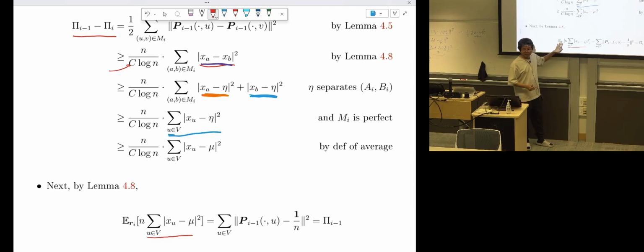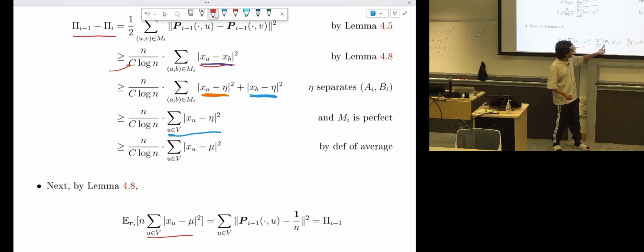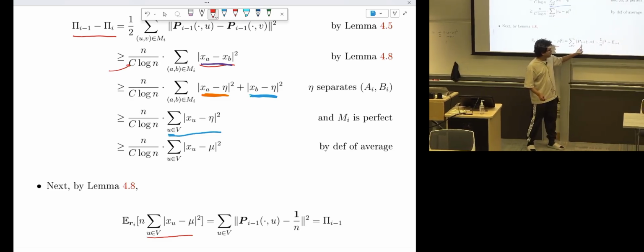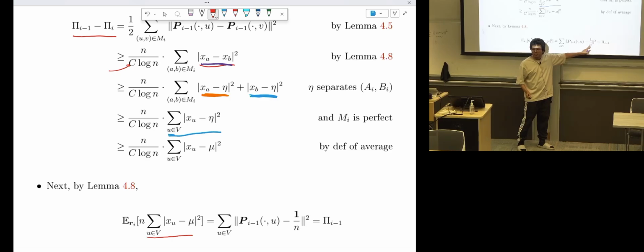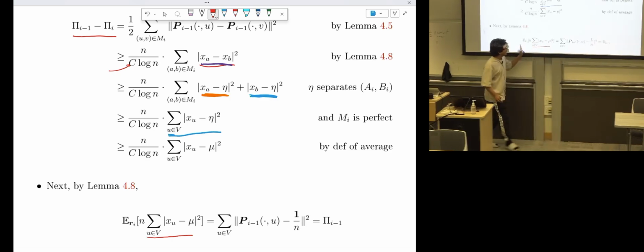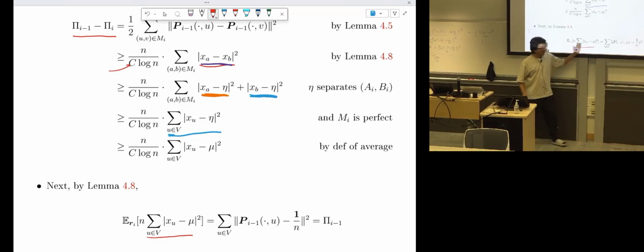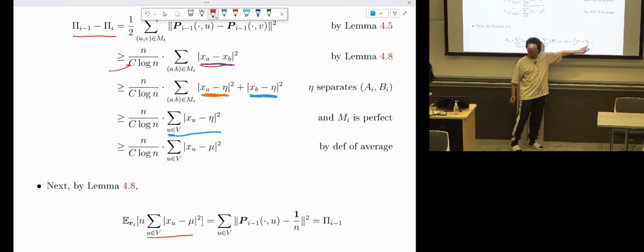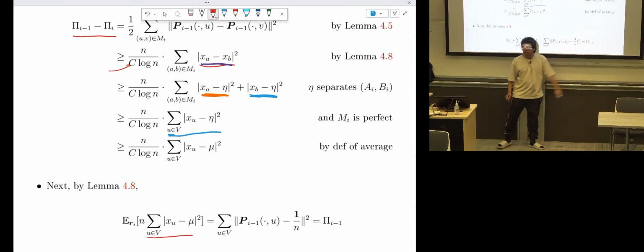At least in expectation, when you scale this up by n, it's the same as the total squared distance to the average before projection. This is a property of random projection. And this is exactly the potential function at time i-1.